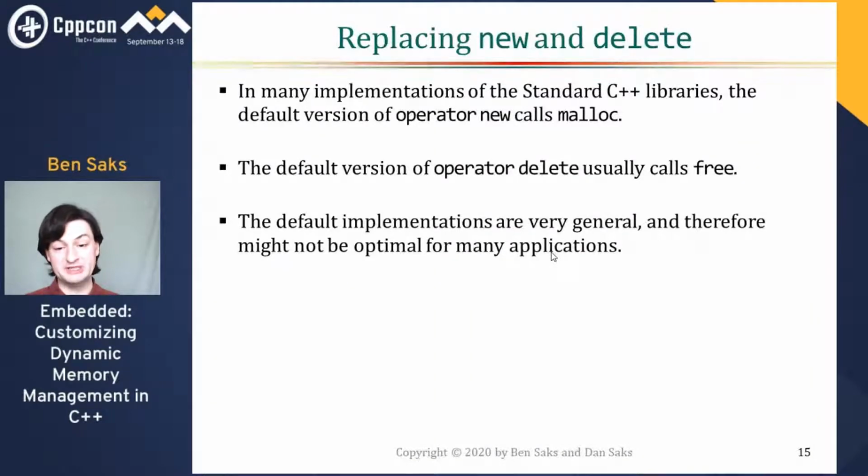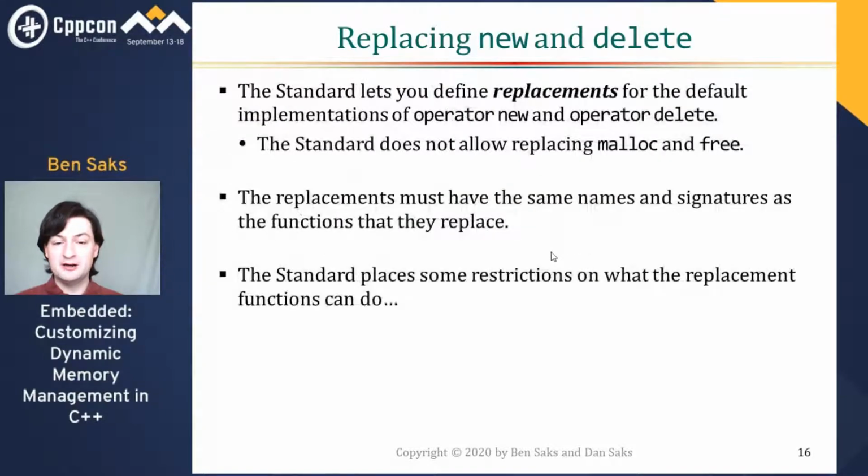Those default implementations are the ones that we were concerned about being too slow, too non-deterministic, or causing too much memory fragmentation that might not be well suited to an embedded application. But C++ lets us replace the implementations of operator new and operator delete with our own implementations for those functions.